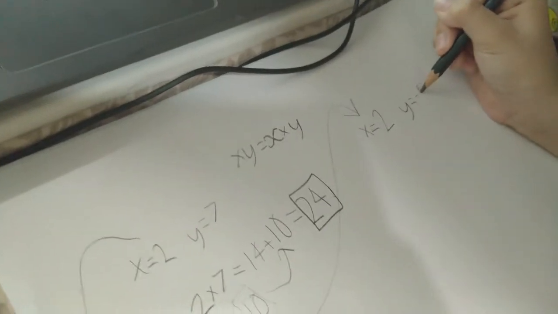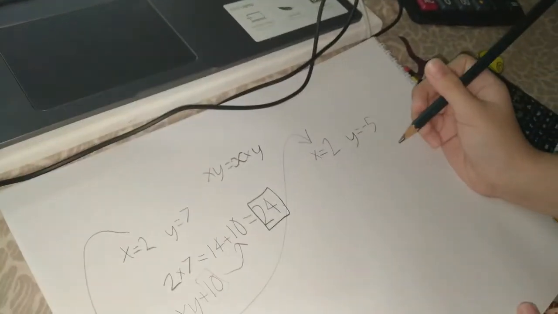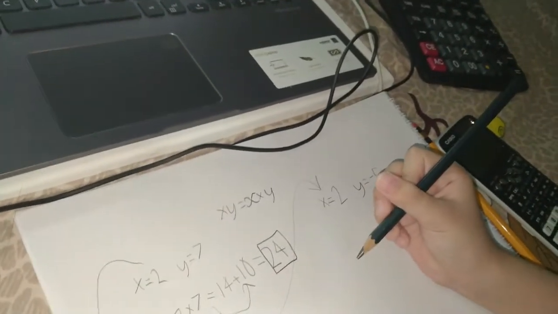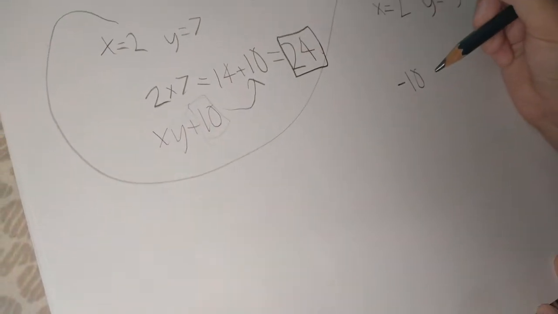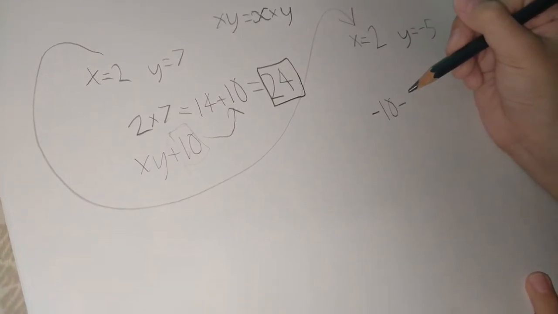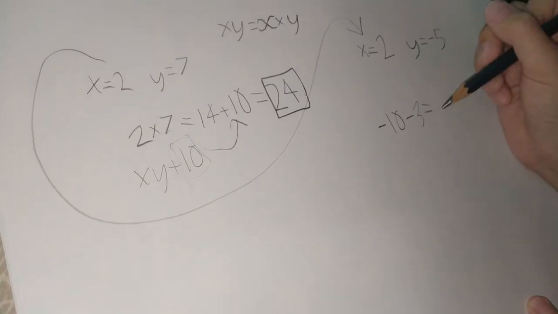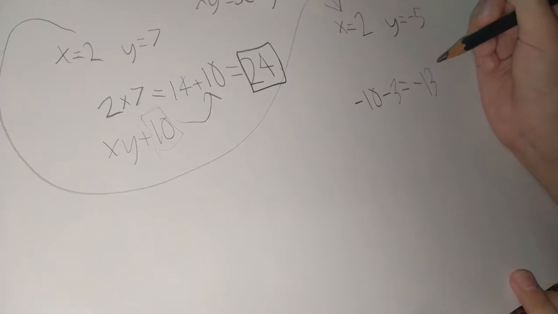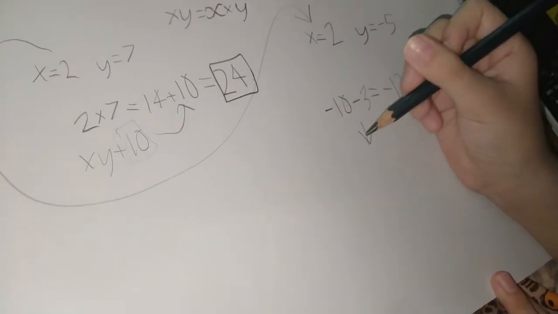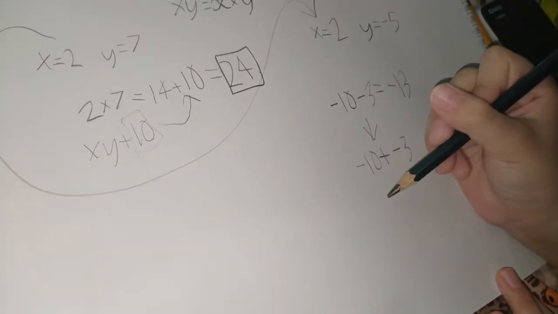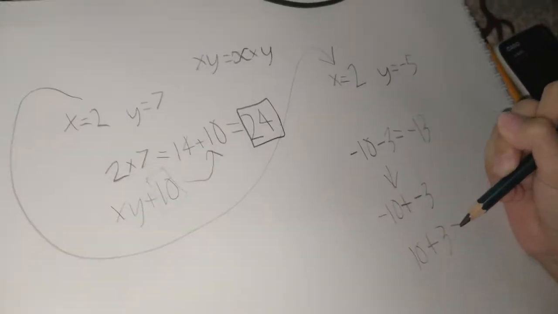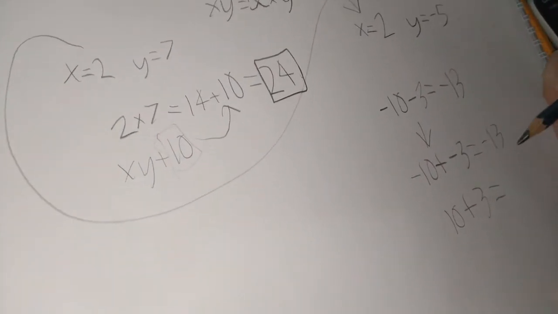Since y equals negative 5, and it's xy, that means 2 times negative 5, which means negative 10 minus 3, and we get negative 13, because negative 10 minus 3 is the same as negative 10 plus negative 3. It's nearly like 10 plus 3, but the answers are now negative.